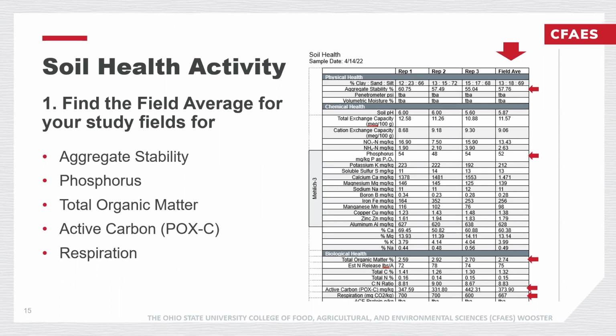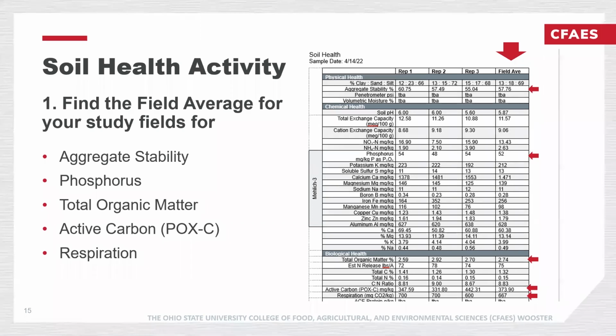And if you want to know where you can find those, we've got arrows that highlight where you can find aggregate stability, phosphorus, and that's Modified Morgan phosphorus for those that are curious, total organic matter, active carbon, and respiration.